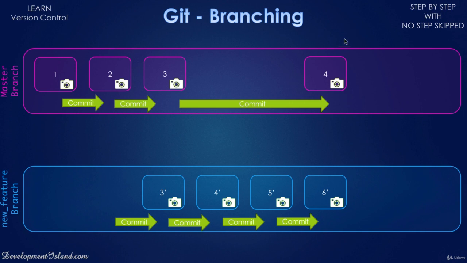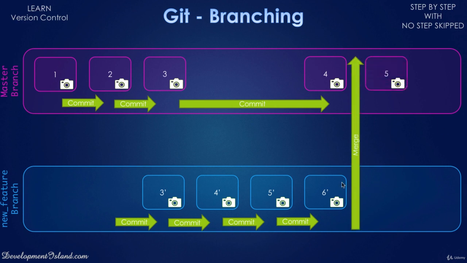All right, so at this stage, let's suppose that you are happy with the content of the new feature branch and you'd like to incorporate it in the master branch. So here comes a new concept which is called merging. So you'll be able at this stage to merge the content of the new feature branch with the contents of the master branch.